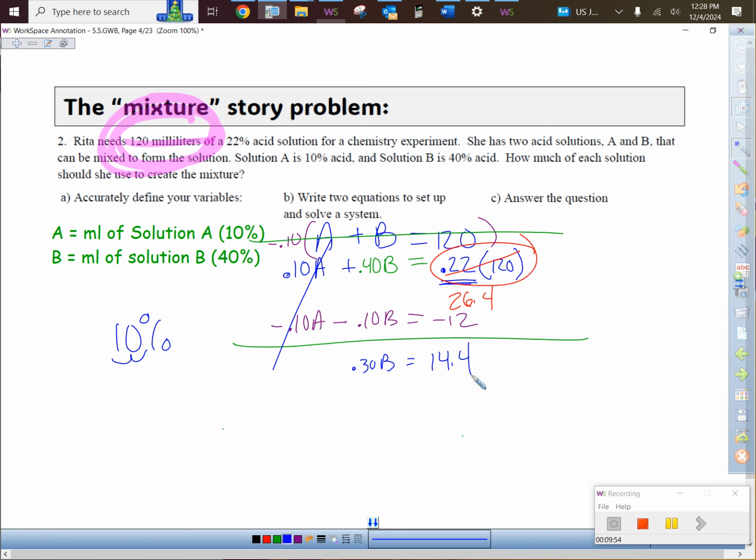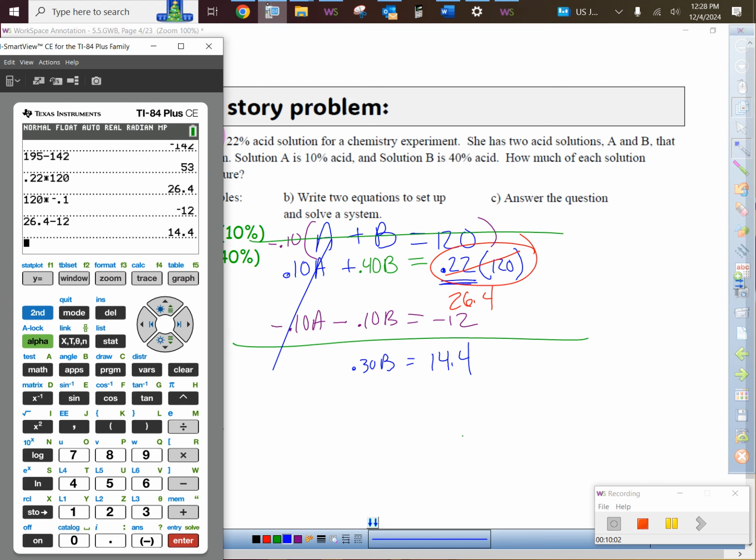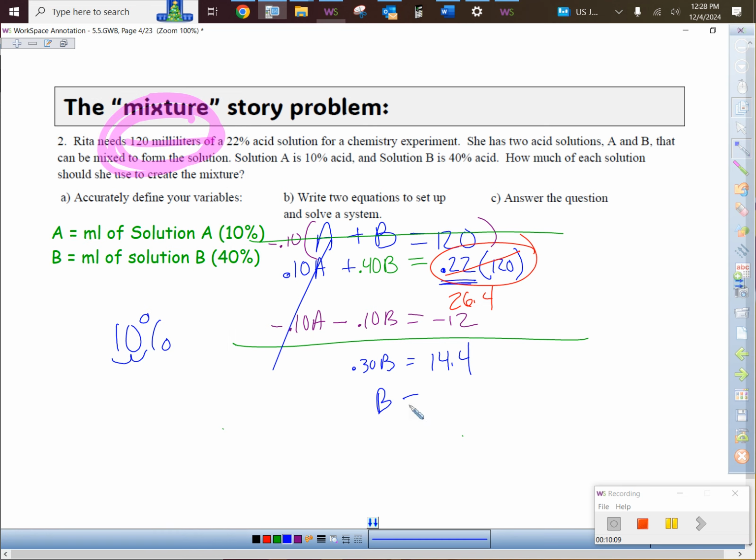And of course, how do we get rid of this times 0.30? What should we do for that? Divide. Just divide. 14.4 divided by 0.3. There you go. 48. 48 what? Like, what's that all about? 48 milliliters for solution B. So they realized, okay, I have to take 48 milliliters of this solution B and put it into the cup. So then we have to figure out how much solution A. We just sub that back in.